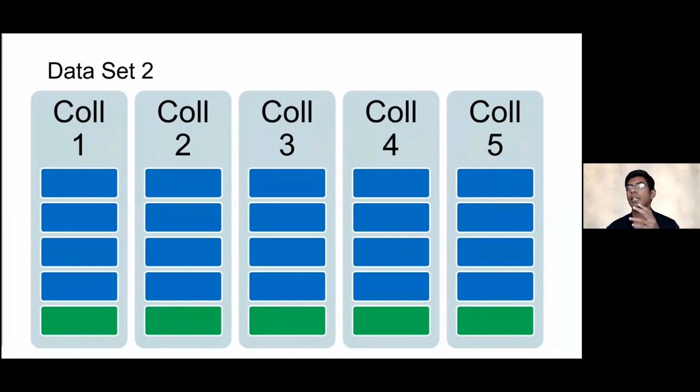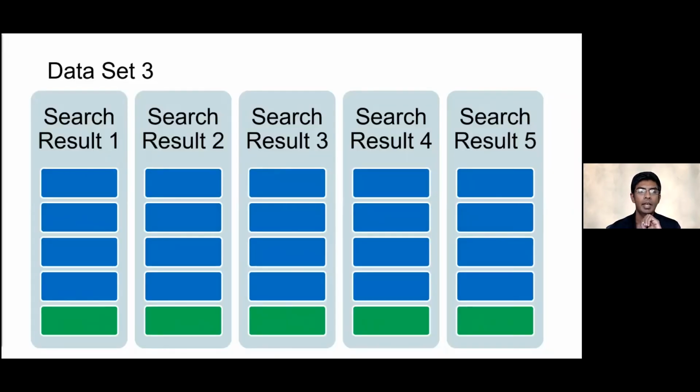So if the collection has 5 images, 4 go for the training process, and 1 is set aside for the testing process. And here, data set 3, same as the one that we showed before, but instead of collections, we get search results and split them into 80-20 for training and testing.